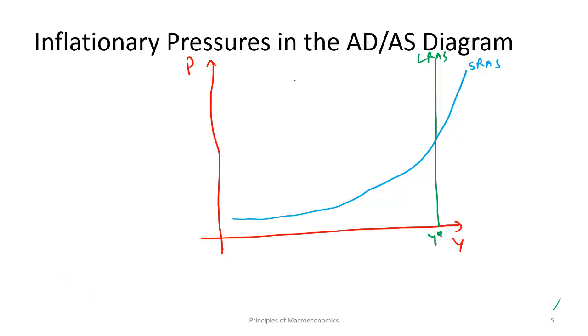And then I'll draw the aggregate demand curve. Now let me first show you an inflationary pressure due to a left shift of the short run aggregate supply. Suppose again there's a hurricane, and as a result production stopped because factories got destroyed. As a result we can't produce enough. As a result, say your short run aggregate supply shifts left.